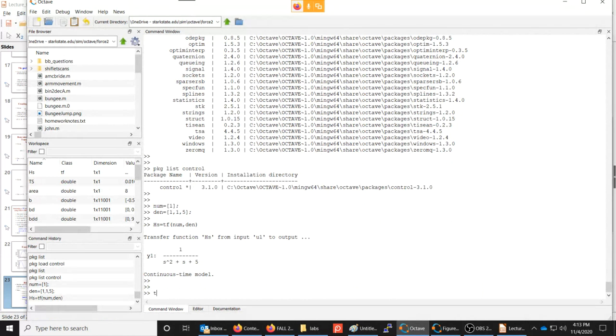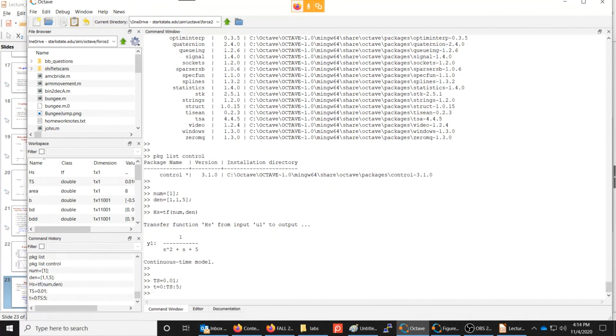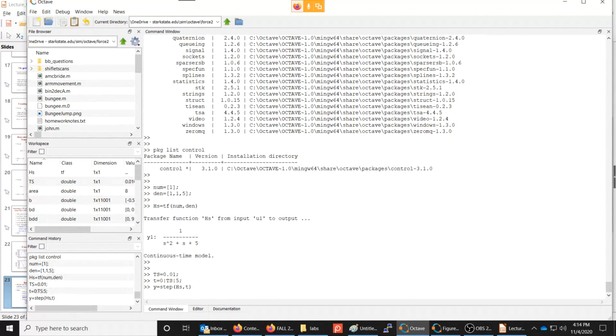And then we can create our time step and our time vector. I have no idea how to run this, so I'm going to run it for 5 seconds and see what happens, and then we can adjust it.